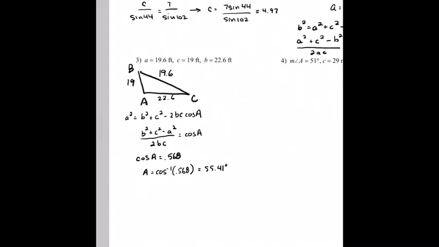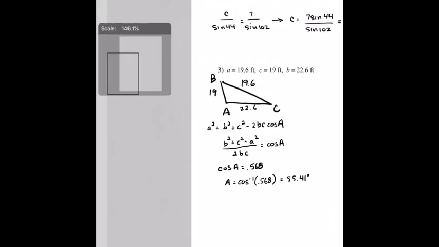And we can do a similar type of computation to find the other angle. We can use law of cosines again since we're already on law of cosines. Find angle B, for example.